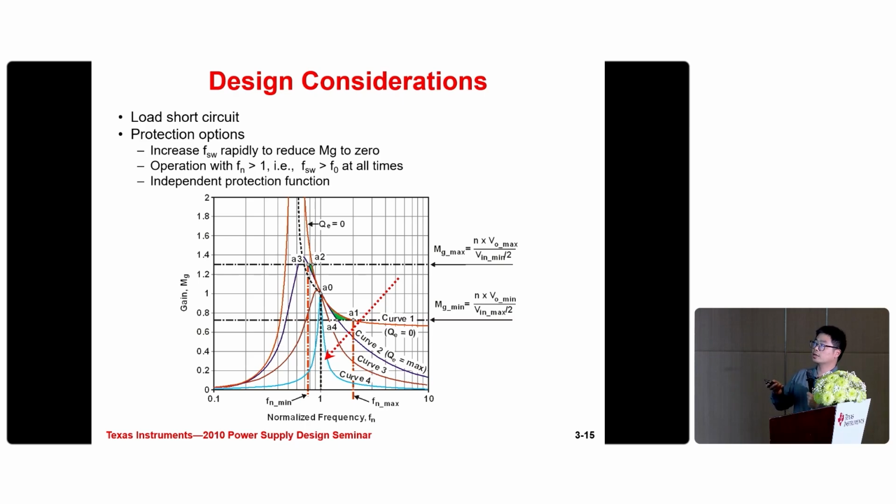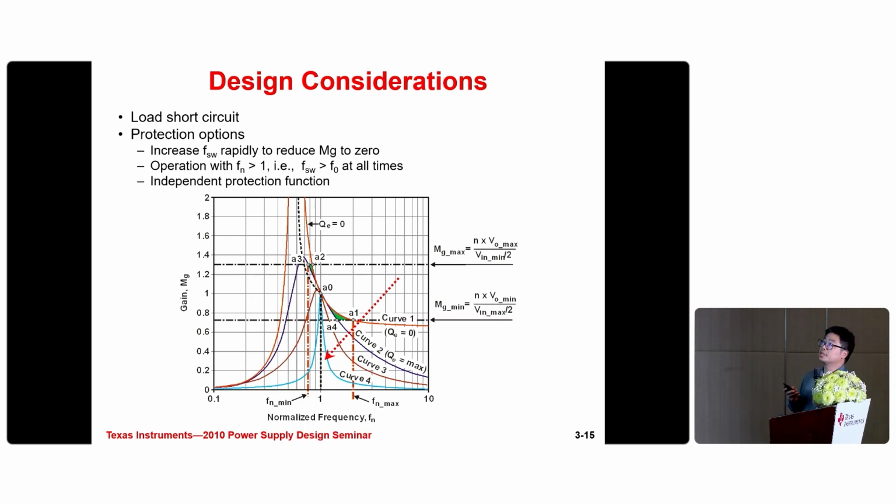K1 means QE equals 0, which means a low load, and K4 means a very heavy load, the short-circuit load. Inevitably, the LLC converter will work at the left side of the resonant peak. So what shall we do to avoid failure of the primary MOSFET?